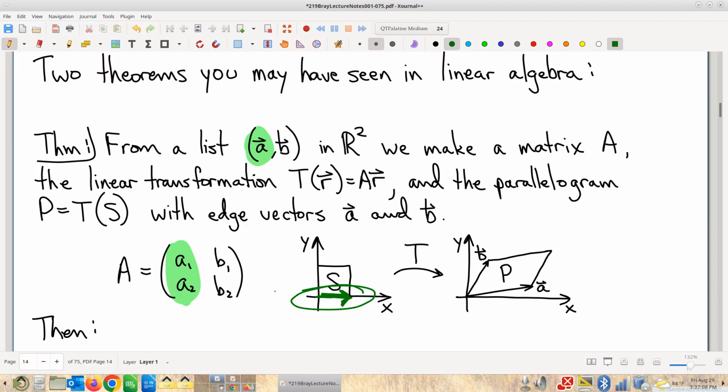Okay, so first vector is the first column. What happens when I take E1 and plug into the linear transformation? Well, that just means I'm going to multiply by the A matrix, and 1, 0 times this matrix will give me that first column, namely that first vector, which is this.